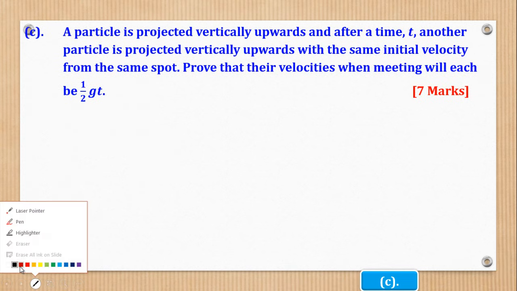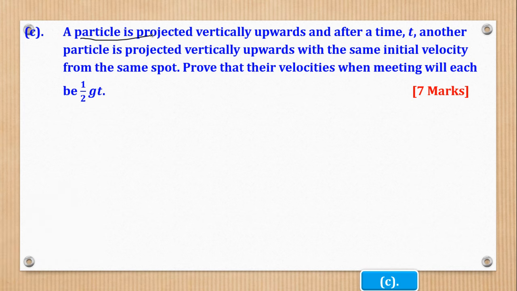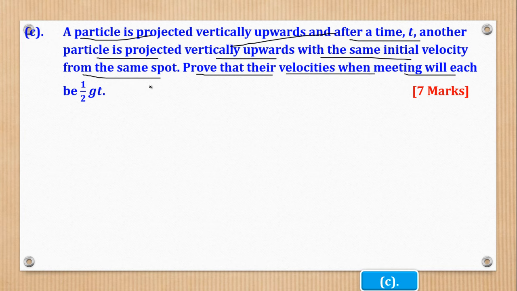Then for part C, it says a particle is projected vertically upwards, and after a time t, another particle is projected vertically upwards with the same initial velocity from the same spot. Prove that their velocities when meeting will each be a half gt.